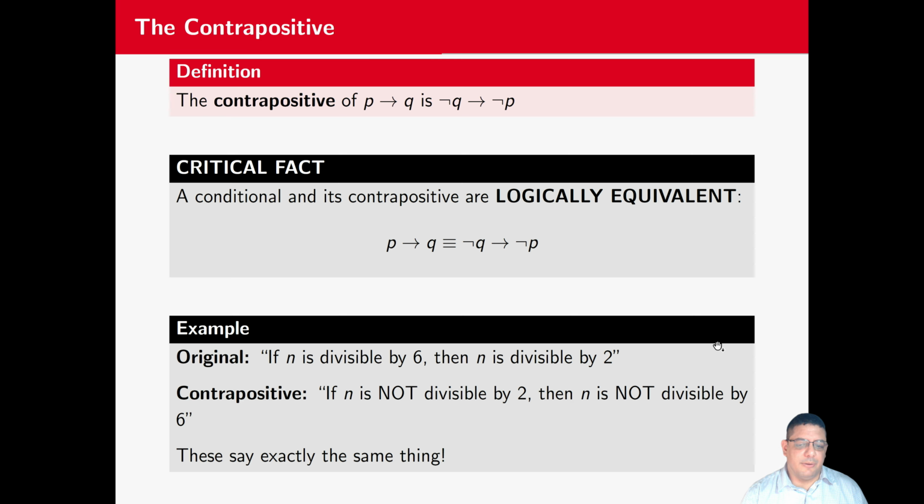One example of how that looks: if n is divisible by 6, then n is divisible by 2. So we have two statements here. P is n is divisible by 6, and Q is n is divisible by 2. Now the contrapositive is if n is not divisible by 2, then n is not divisible by 6. Those two things are saying the same thing.